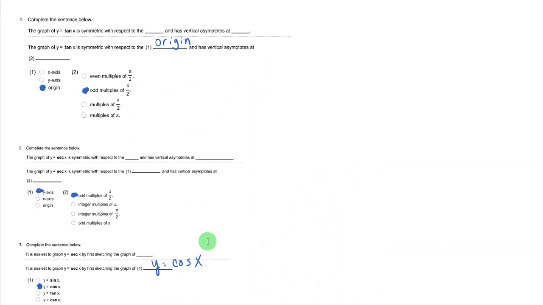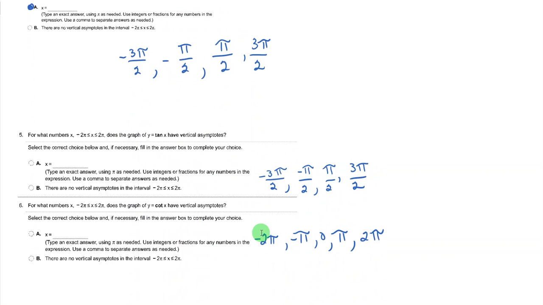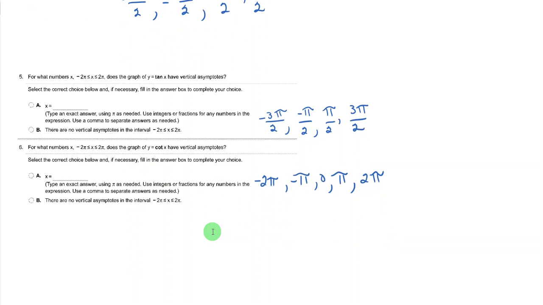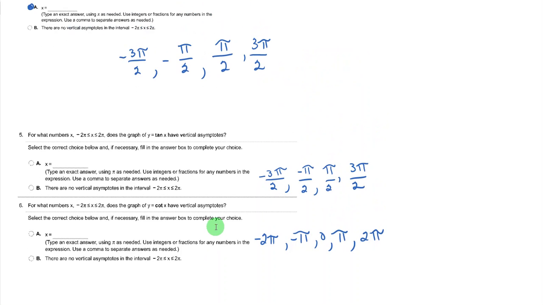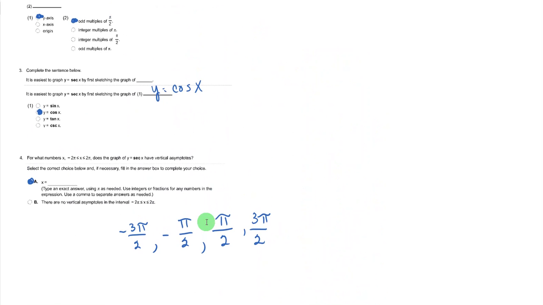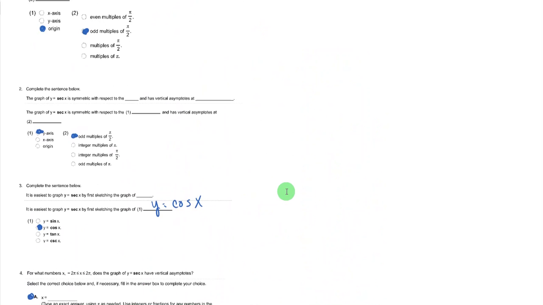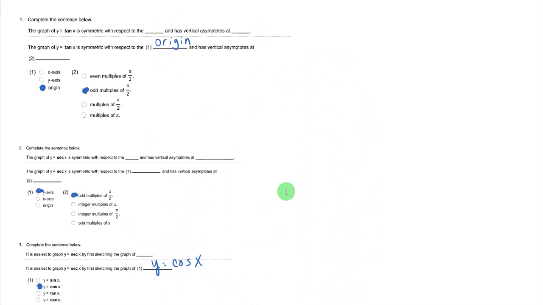We talked about that in the notes. Cotan is going to be multiples of pi. So negative 2 pi, negative pi, 0, pi, 2 pi. That's going to be the vertical asymptotes for that one. So really, in this section, we just talked more about language and just making those connections for right now. We'll pick up some more in the next section.